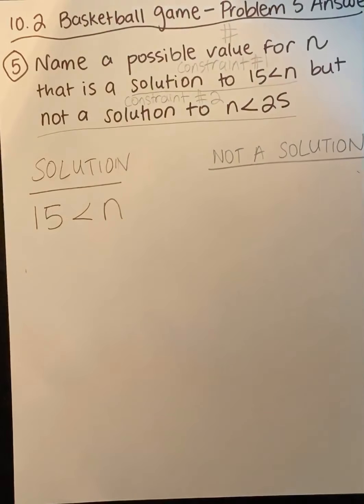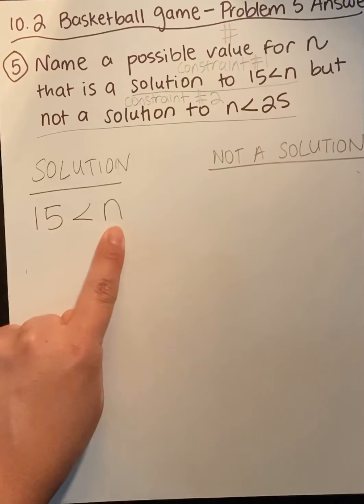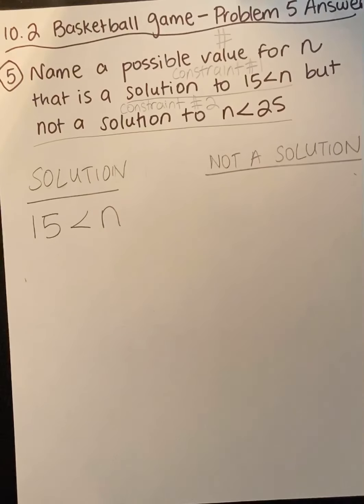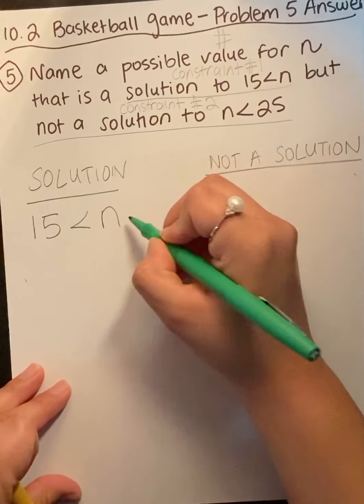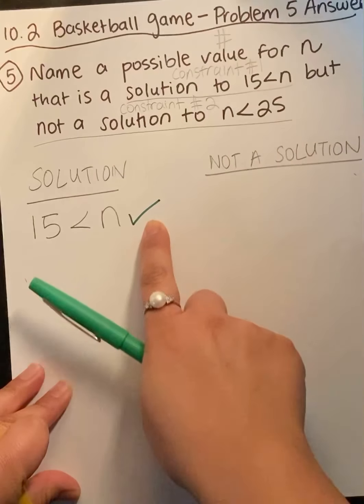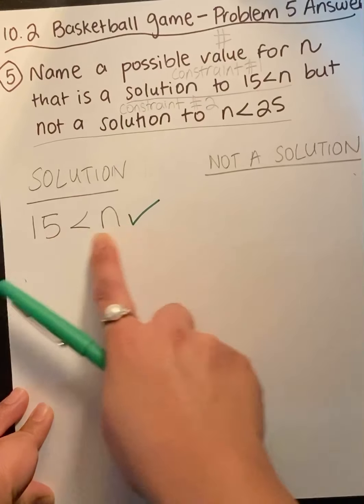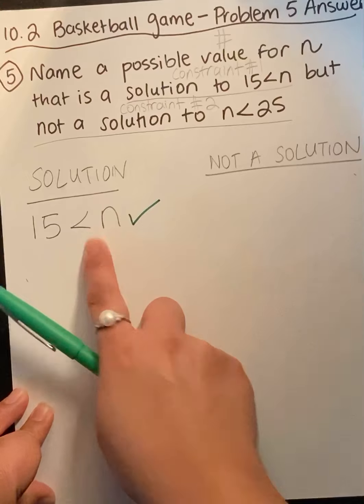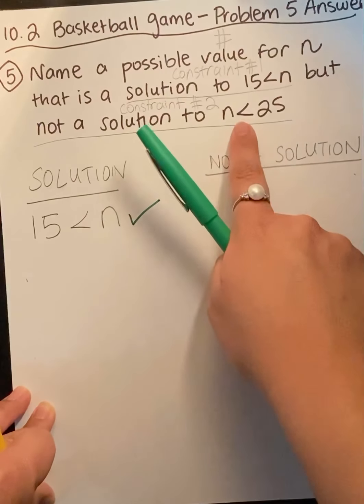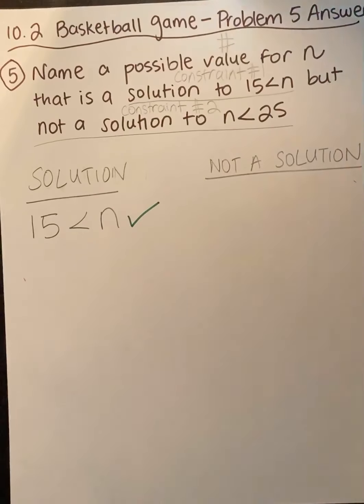And remember, if it is a solution to the inequality, that means that it makes the inequality true. So I can make my little check mark to remind me that it needs to make this inequality true, but not a solution to n is less than 25.